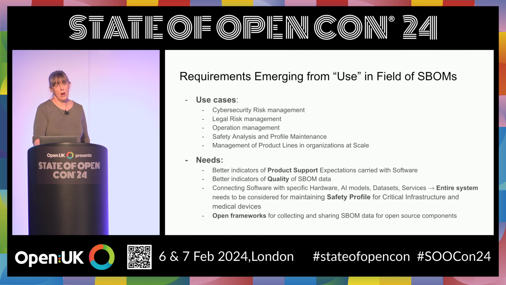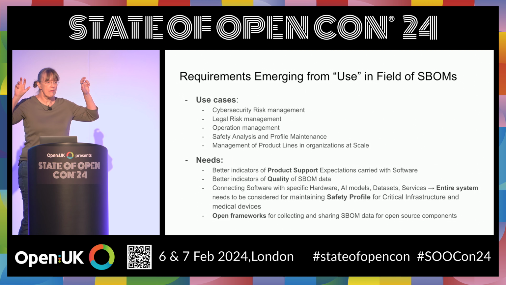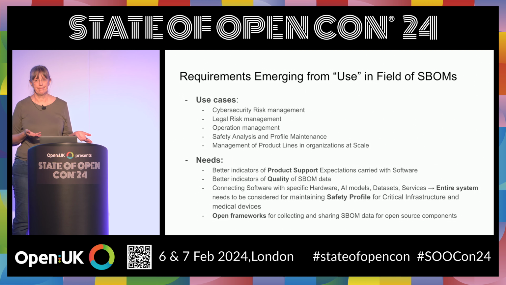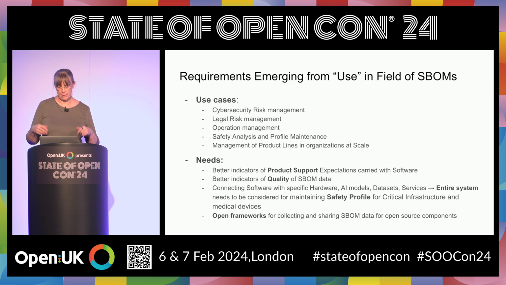We're also seeing connecting software with specific hardware and then AI. The models and the data sets used to train the models all have life cycles, as do services, which software may depend on. And so these are all now the ingredients for a system. And we don't have a full way of expanding out beyond the software right now.